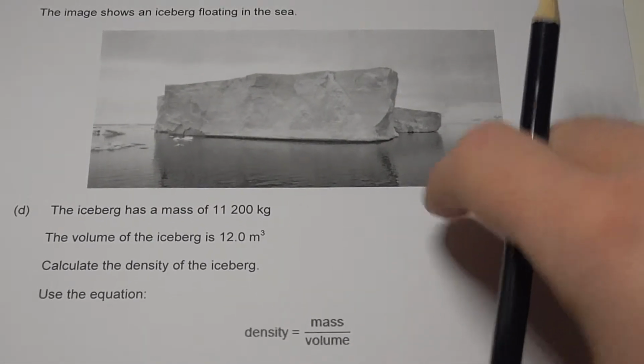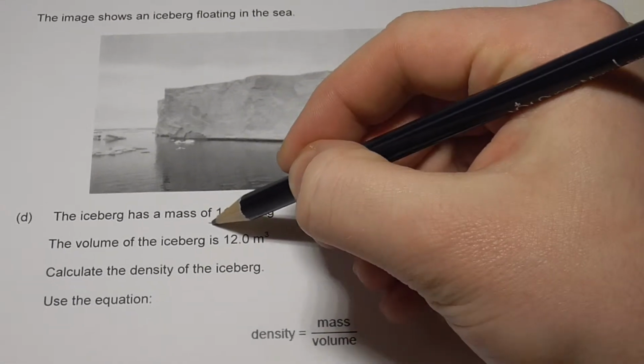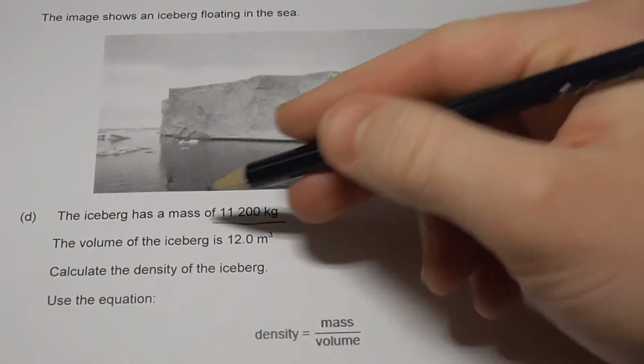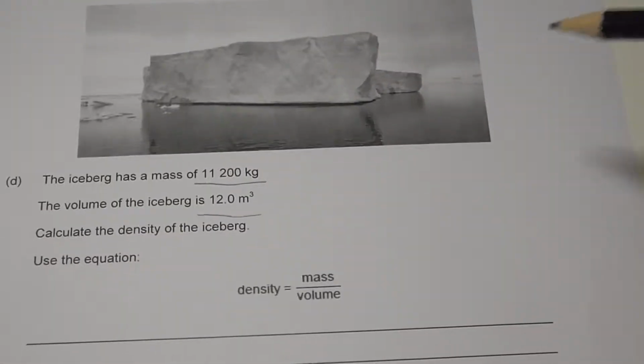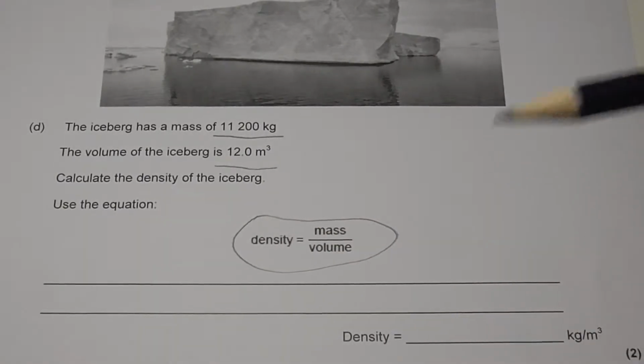The question we have here, got a lovely picture of an iceberg, and it has a mass of 11,200 kilograms. It has a volume of 12 meters cubed. So sometimes you're given the equation like this, sometimes you're expected to recall it.